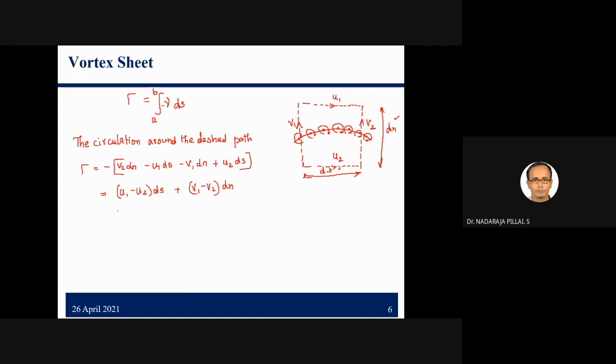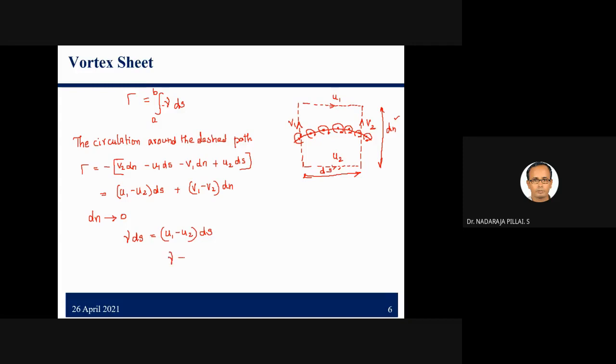So here the strength of the vortex sheet contained inside the dashed path is gamma into ds. When we take the limit that dn tends to 0, that means the top and the bottom approach, then we can write that gamma into ds is equal to u1 minus u2 into ds.